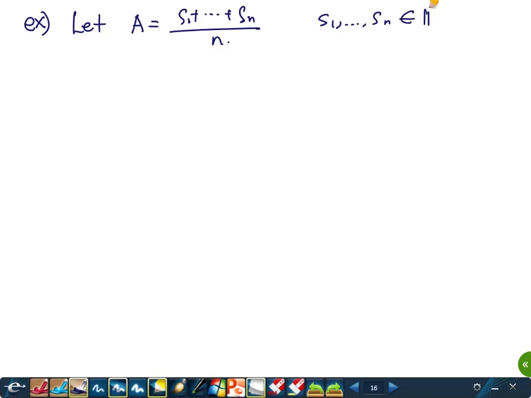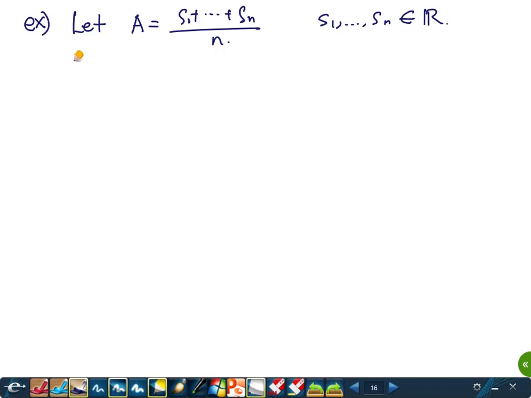This is an example of a non-constructive proof. Let A be the average of n real numbers, the S_i are all real numbers.